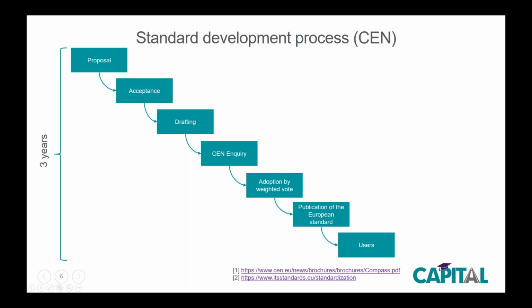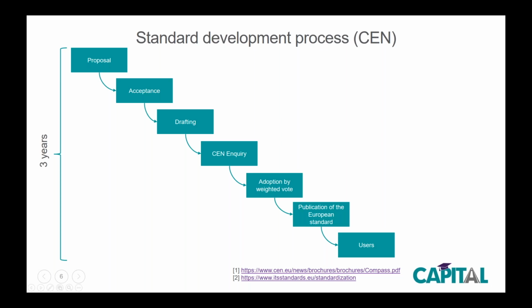After the proposal, a draft version is developed and sent for an inquiry to member organizations of CEN. After the inquiry, it will be either adopted or rejected by vote by CEN members. If the draft is accepted, the CEN Secretariat will prepare the final version that will be published by the national member organizations of CEN. And the expected length of this process is about 3 years.